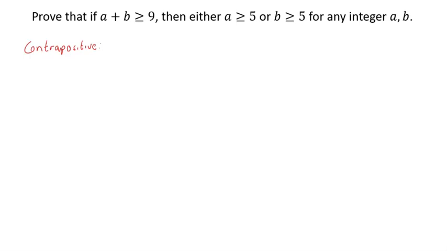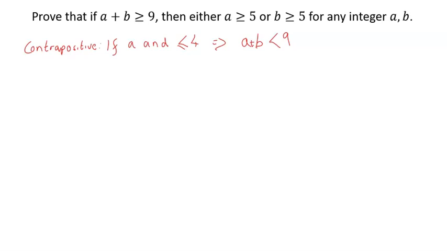Instead of a greater than or equal to 5 or b greater than or equal to 5, what I'm going to say is if a and b are less than or equal to 4, what that means is that a plus b has to be less than 9.